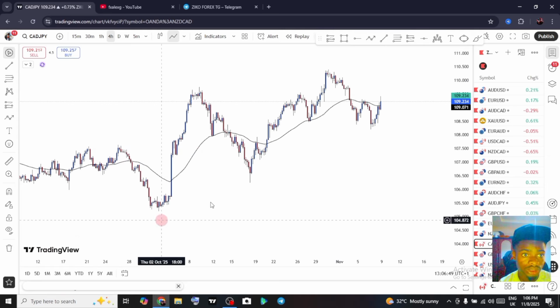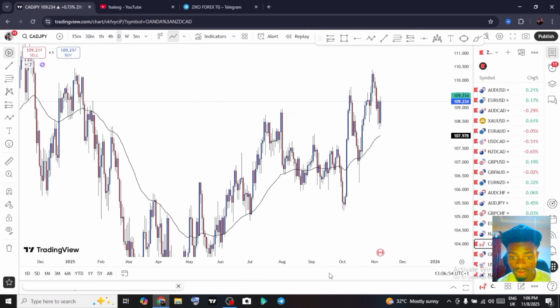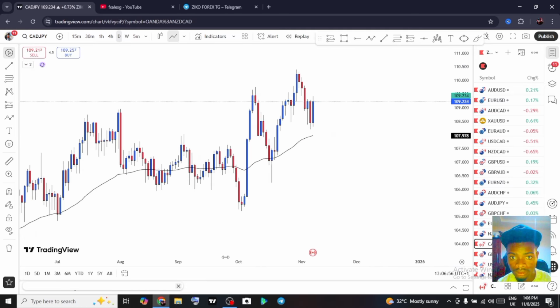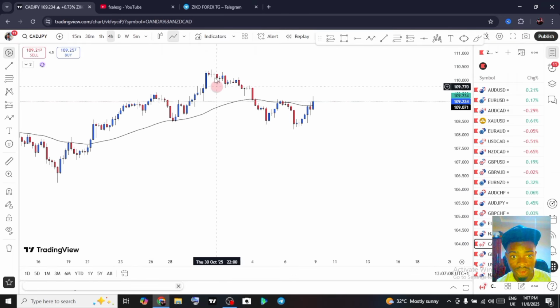Daily time frame is what? Bullish, I think, or even bearish, or confusing. By the way, I don't want to be confused on this market. Price is bullish on the weekly time frame, very clear, and the 4 hour time frame is currently very indecisive.